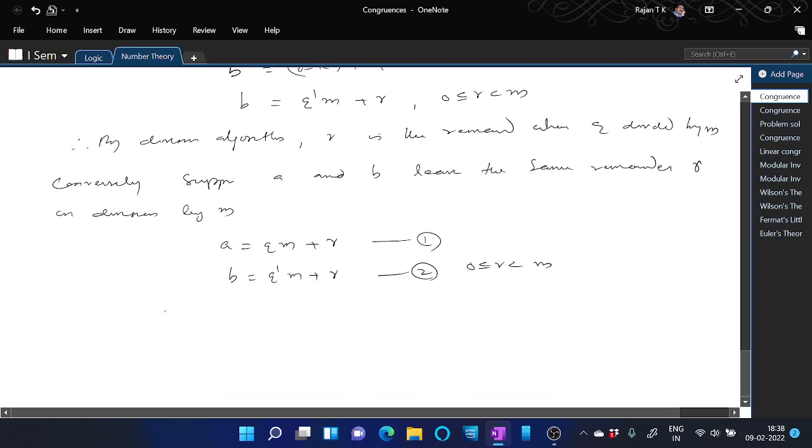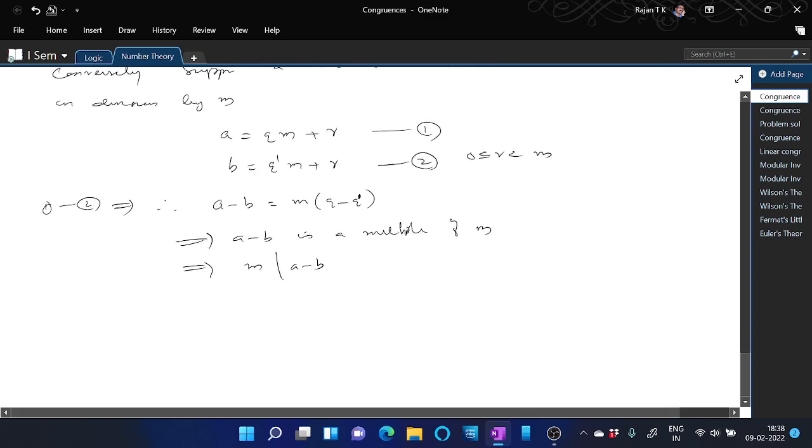And therefore, subtracting 1 minus 2 gives A minus B equal to M into Q minus Q dash plus 0, that is M into Q minus Q dash, which shows that A minus B is a multiple of M. That is, M divides A minus B, which shows A is congruent to B mod M. Thus, both ways it is true.